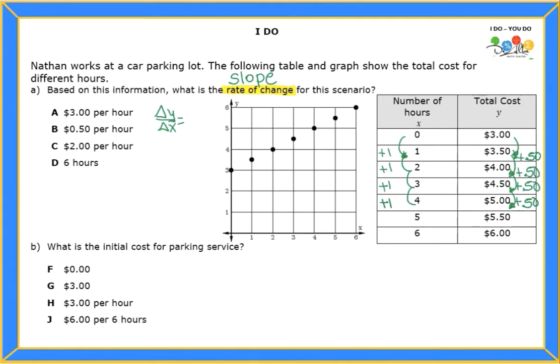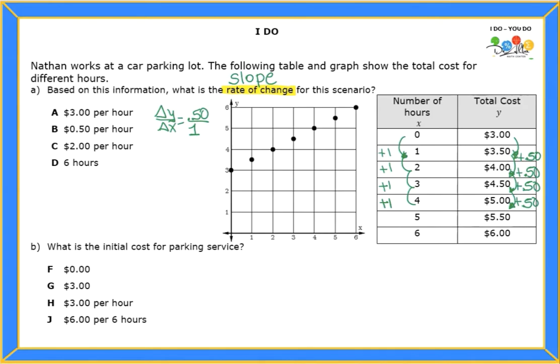So I can see the rate of change being constant on both x and y. So what's the rate of change for y? It's 0.50. What about on the x? It's a 1.